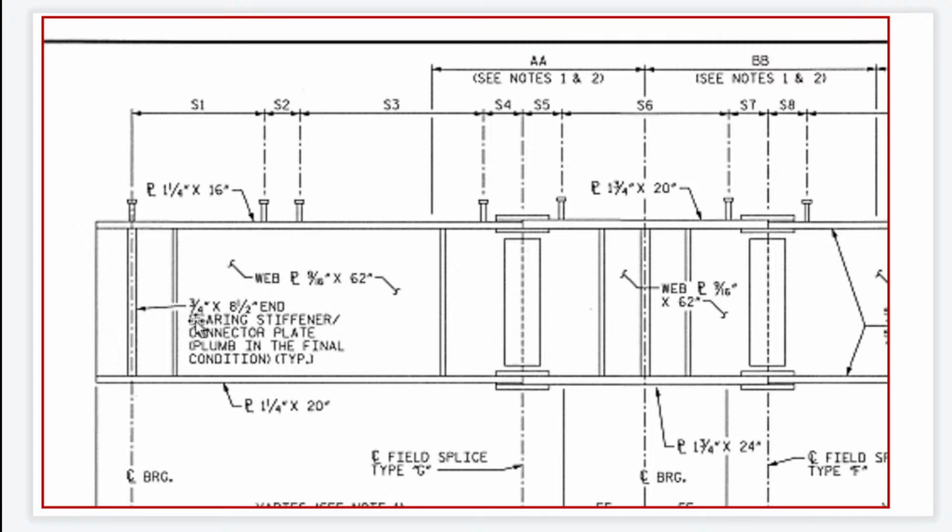What is this? 3/4 inch by 8.5 inch end bearing stiffener. So this is an end bearing stiffener of this beam. Connector plate plumb in the final condition. Typical.